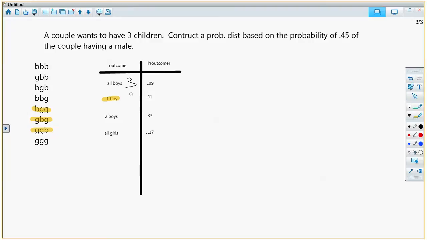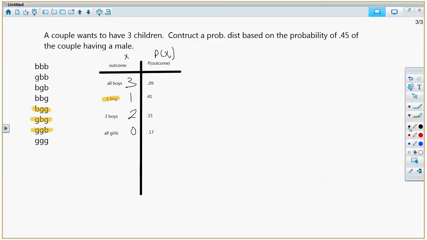We're going to call this 1 boy, 2 boys, and what? So, this is x, and this is p of what? Just instead of outcome, put x, and then this is p of x. Now I want you to multiply all of those together, and then add them up, and that's your mean.